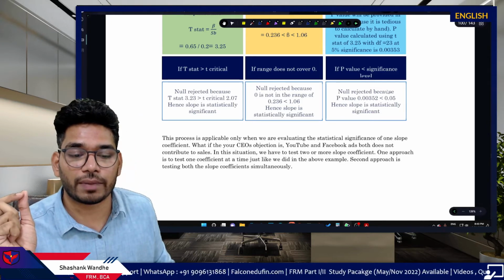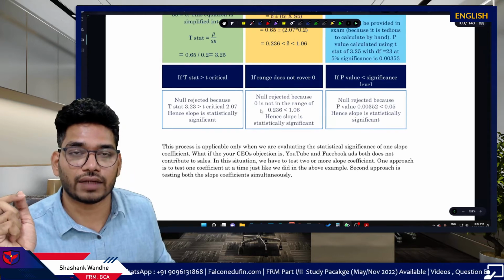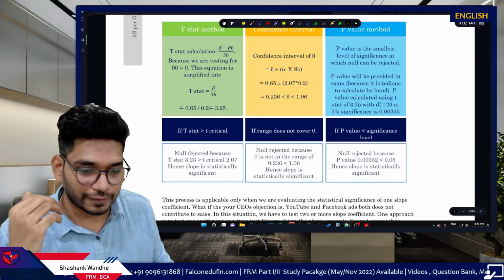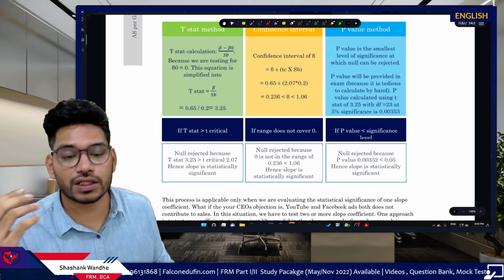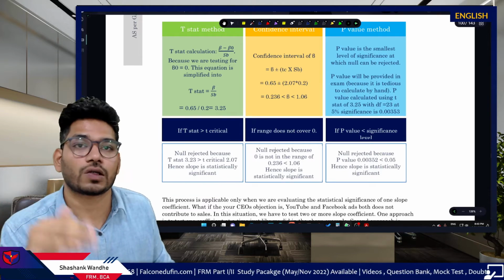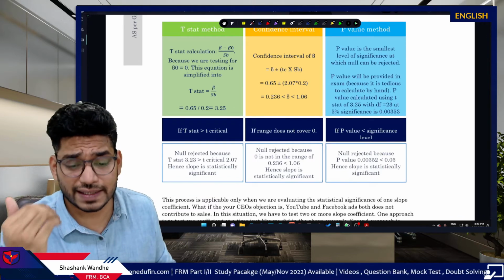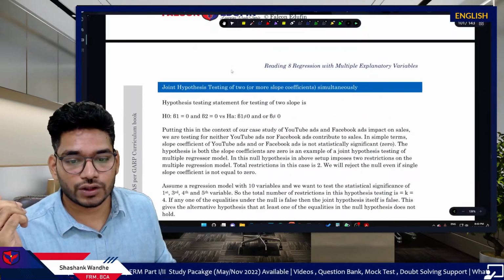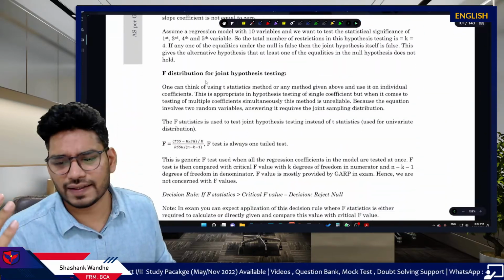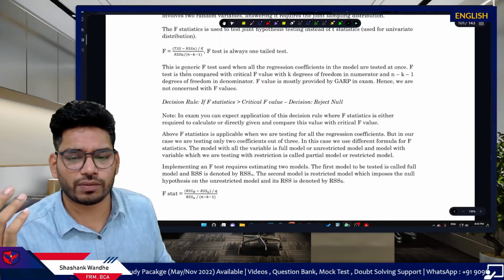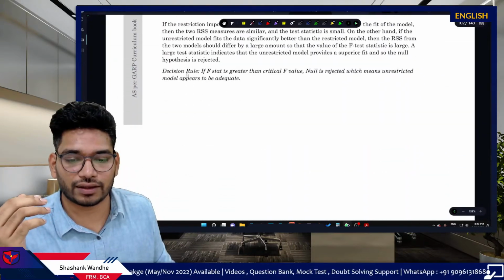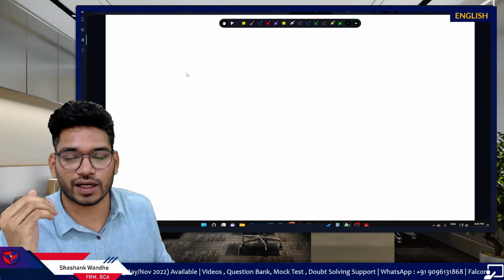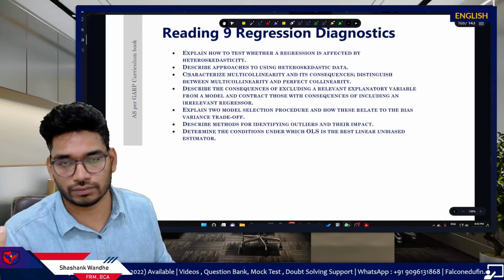You must remember or know all the criteria or rules to check if the slope or the beta coefficient is statistically significant or not. Next, joint hypothesis testing of two, where we use the F distribution. From the exam standpoint, I don't consider this very important, but we don't know.